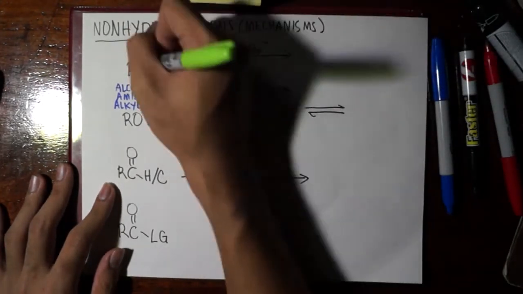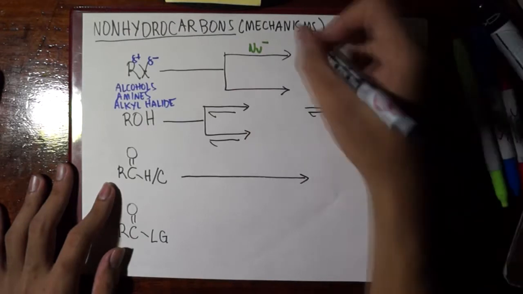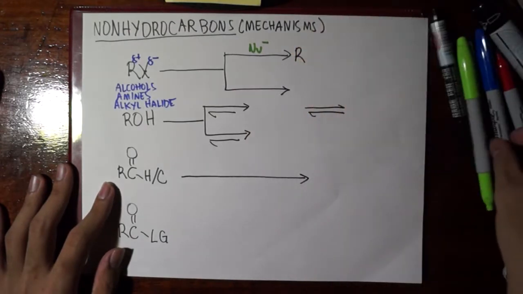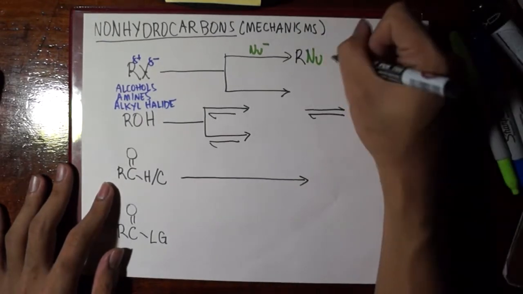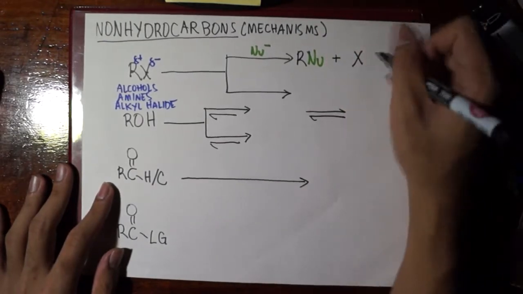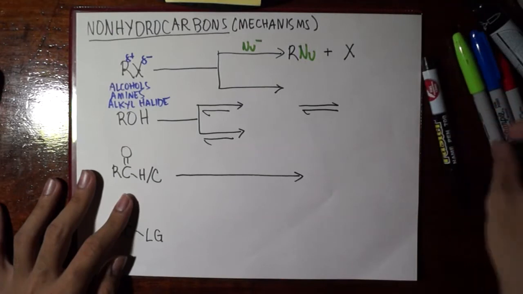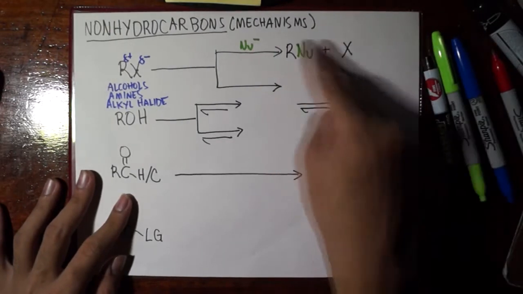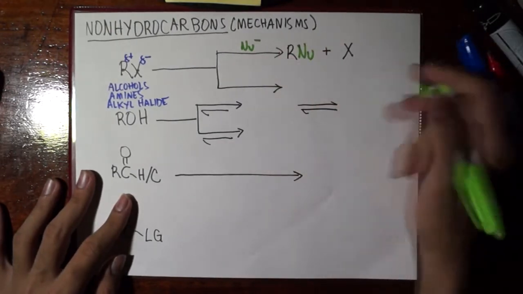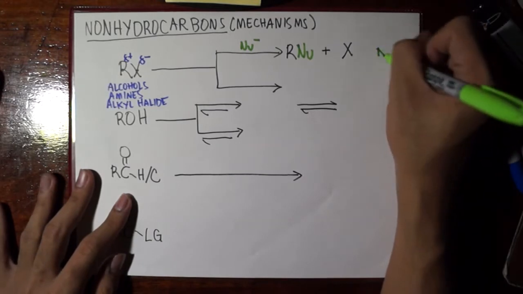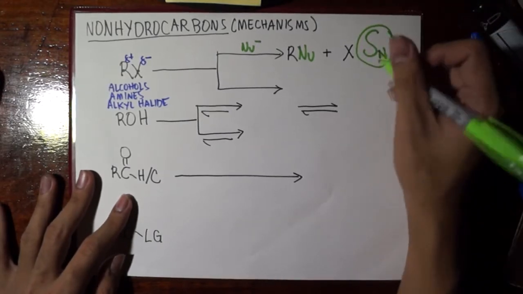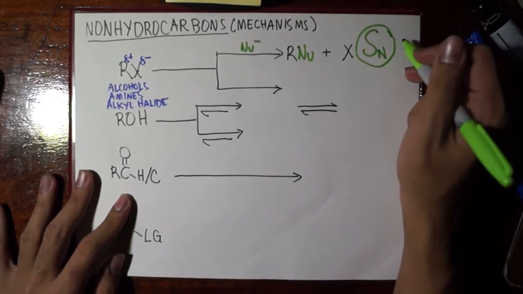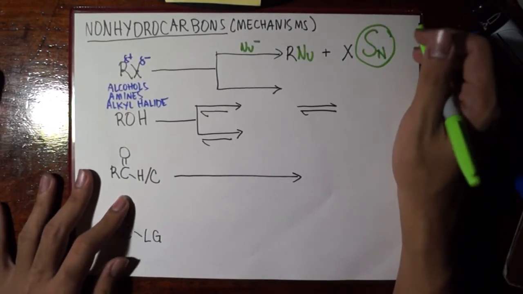The nucleophile attacks the substrate, so the R will bond to the nucleophile, and the leaving group will leave. Since a nucleophile attacks and this is a substitution reaction, this is SN, and we could further subdivide it into either SN1 or SN2 based on the factors we have discussed previously.